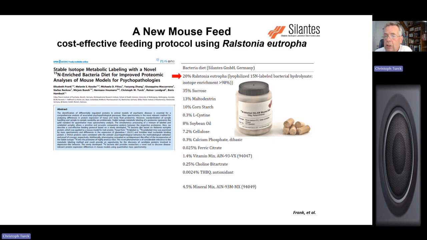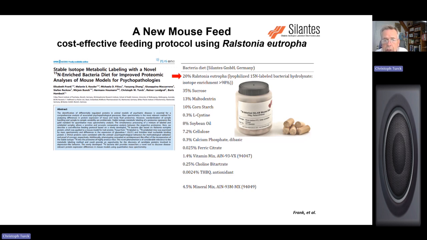Just by way of introduction, this is where this Yates paper came out. It was actually a great advantage for us because we were working a lot on mouse models for psychiatric disorders. It was about the time when I joined the Max Planck Institute of Psychiatry in Munich. And we teamed up with Silantes and Hermann Heumann, the CEO of Silantes.